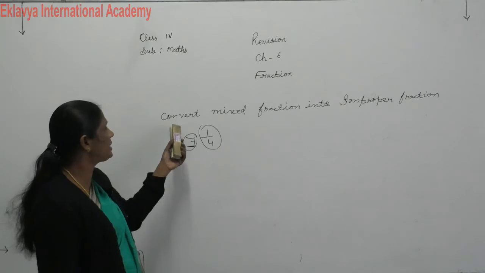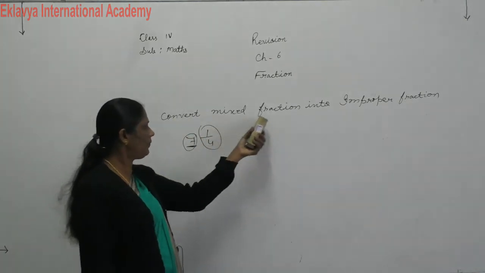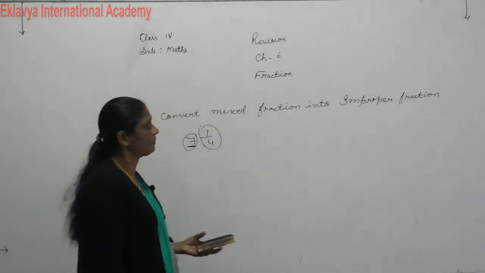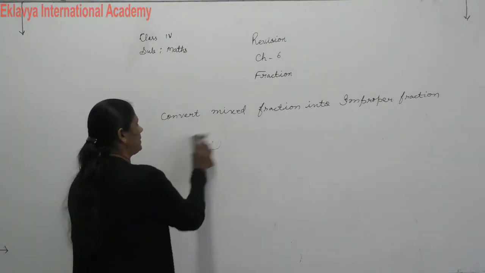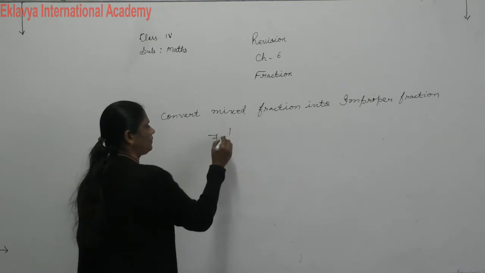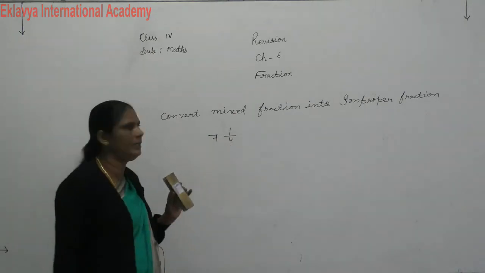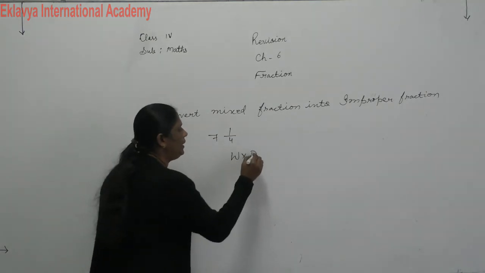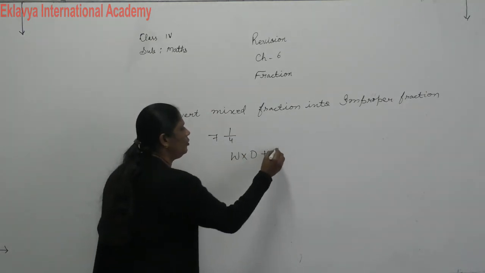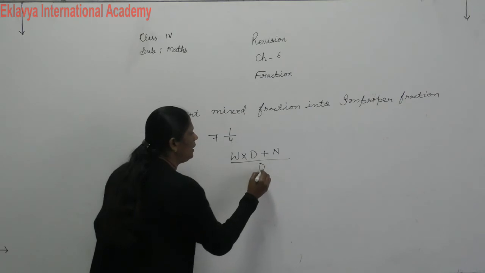Our question is to convert the mixed fraction into an improper fraction. There is a formula here: whole number multiply denominator plus numerator upon denominator.